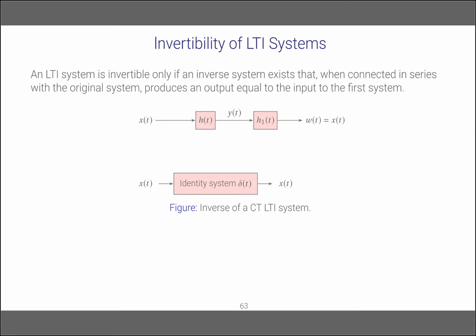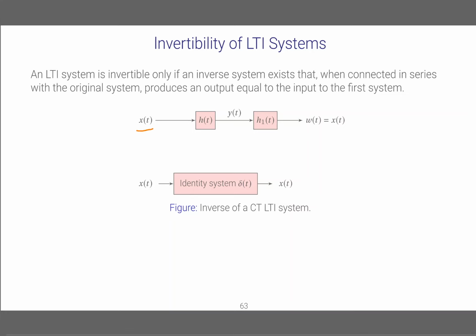So what we mean here is that you have x(t), and you feed it to a system h(t) that produces y(t), and then if you connect another system h1(t), which is the inverse of h(t), you get the same input as the output. So x(t) here and x(t) there. These two systems in series must then produce the identity system, delta(t).